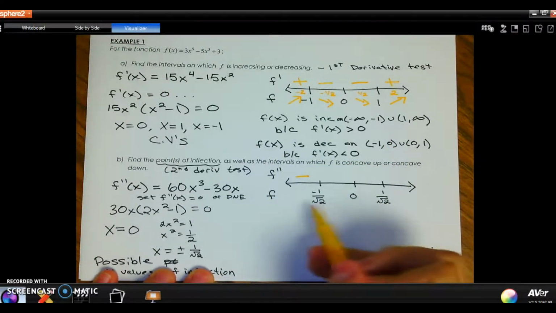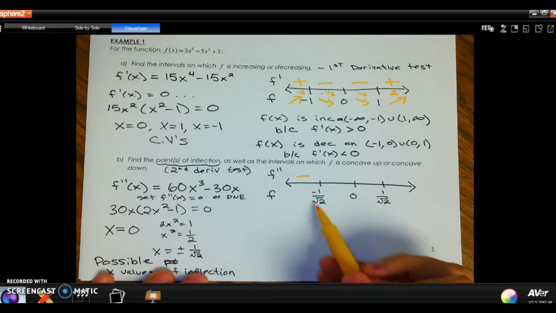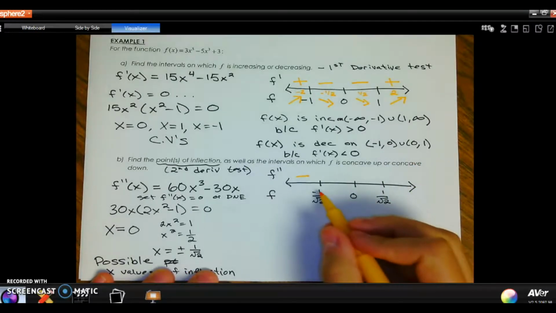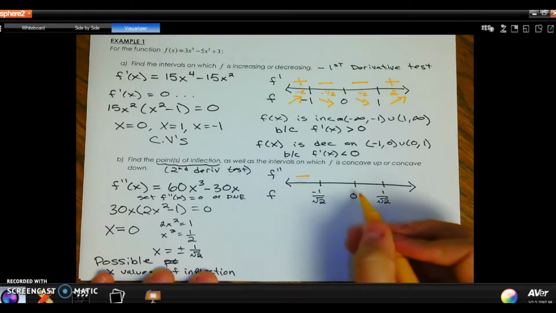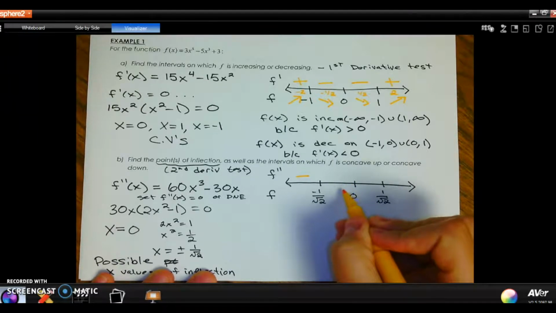And then when I plug in a number in between there, you have to be careful. You might need to know that your square root of 2 is going to be less than 2 and bigger than 1. So 1 divided by that, you're going to have a negative. So maybe you pick something really, really tiny, like negative 0.01.